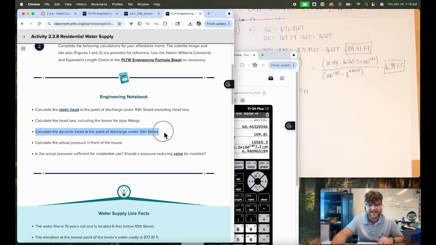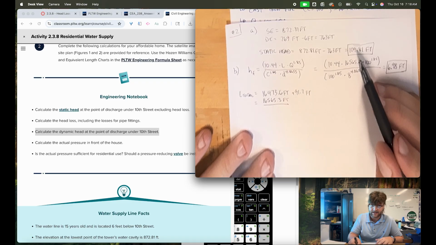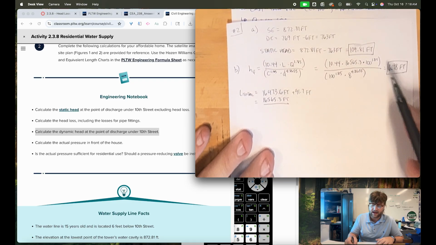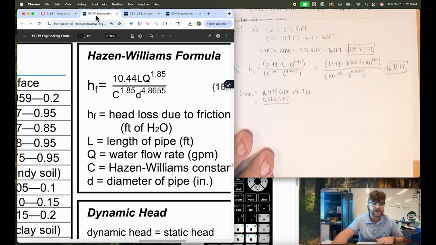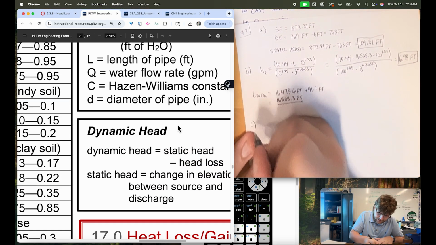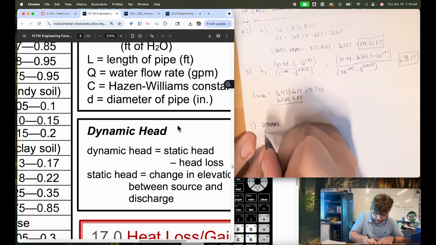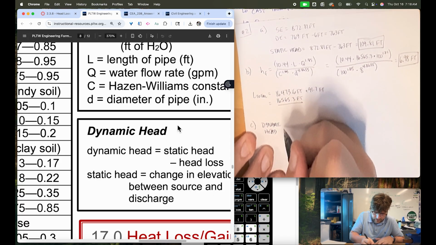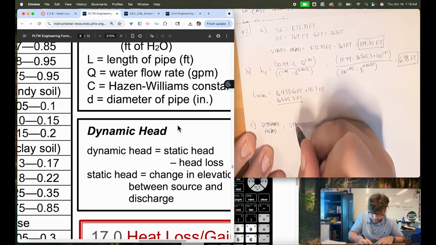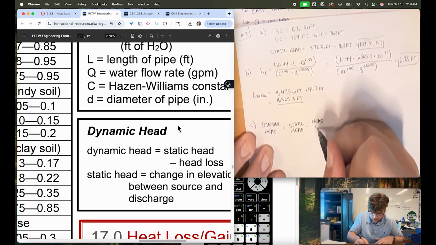Next, we need to calculate the dynamic head at the point of discharge under 10th Street. And so now, since we have our static head, we can calculate the dynamic head by subtracting this. In case you don't remember, if you go right down here, C, dynamic head is equal to our static head minus our head loss.